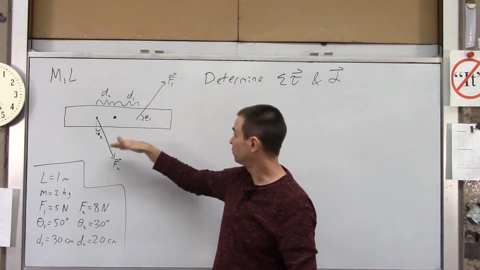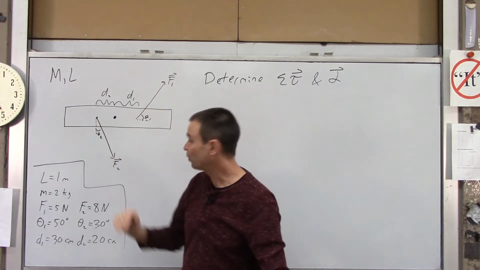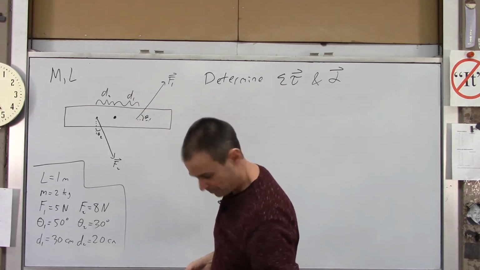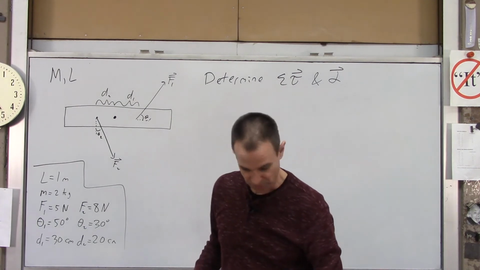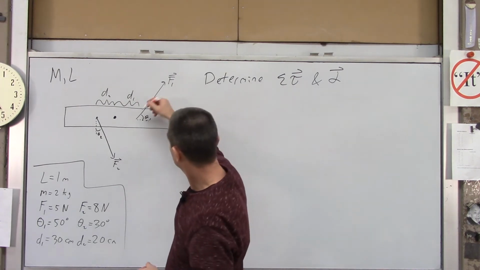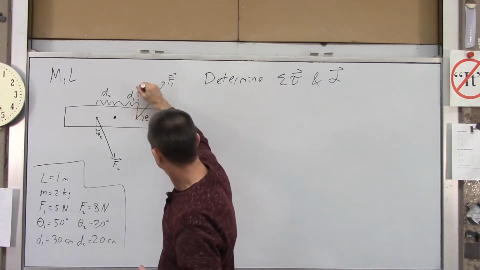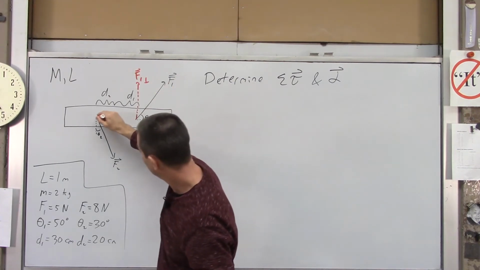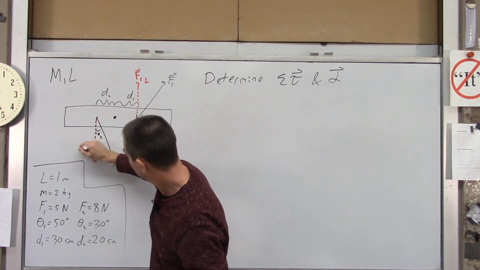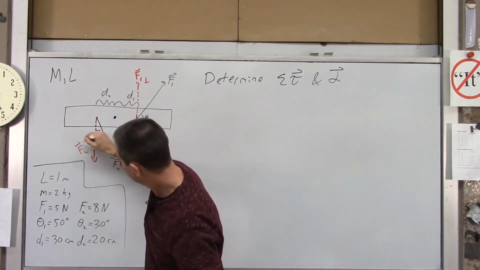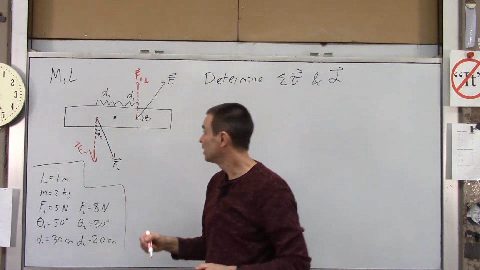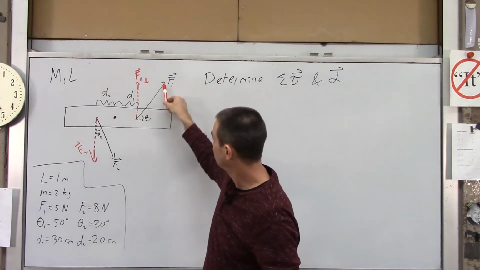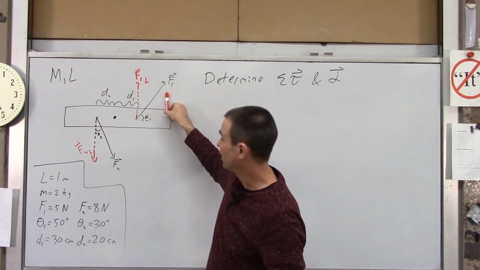So for both of these, I want to find the perpendicular components of those forces to the rod. Okay, so I'll do that up here. I'll call that F1 perpendicular, and then F2 perpendicular.